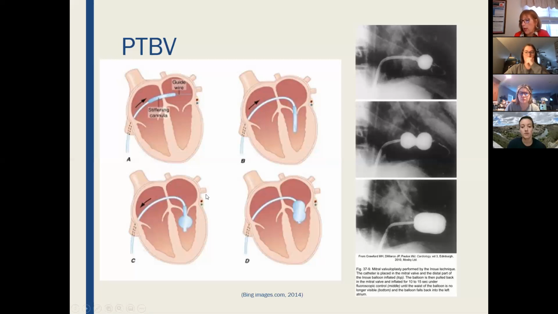So they put this in here, inflate the bottom balloon, and it's not interfering with blood flow because whatever the valve's doing, it's still trying to do right around the catheter. So they inflate the bottom one, and then they inflate the top one, and they do it very, very slowly. So here it is where it's just in the figure 8, and then over time they keep stretching it and stretching it and stretching it, and then they pull it out.